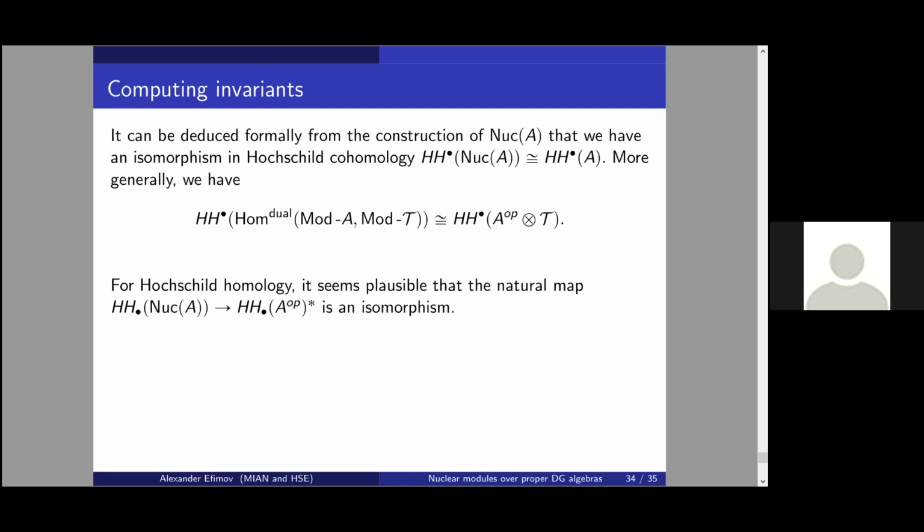I guess this is what Dima Kaledin asked me some time ago for pseudo-perfect, but for pseudo-perfect models, it fails for stupid reasons. But here it seems like this might work. I'm not completely sure about this, but one needs to understand better how to express this category of nuclear models. So basically, I don't understand this at the moment.